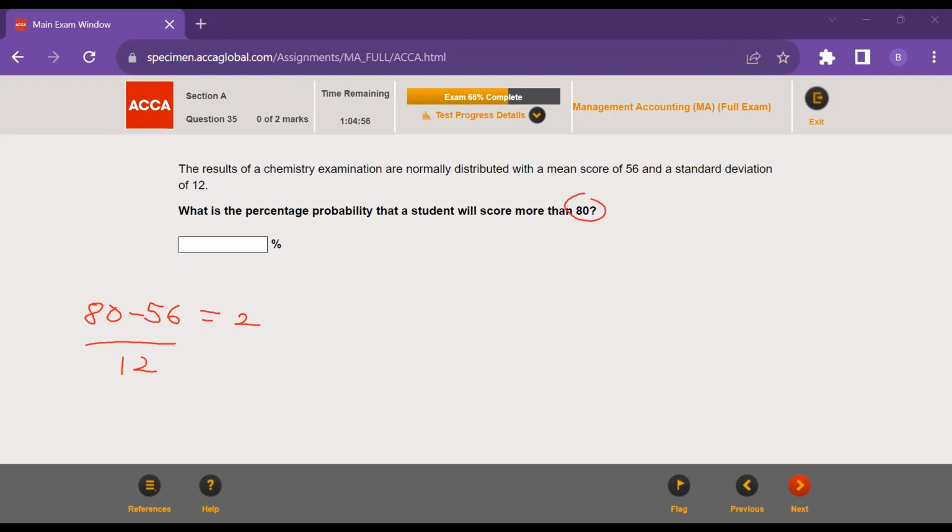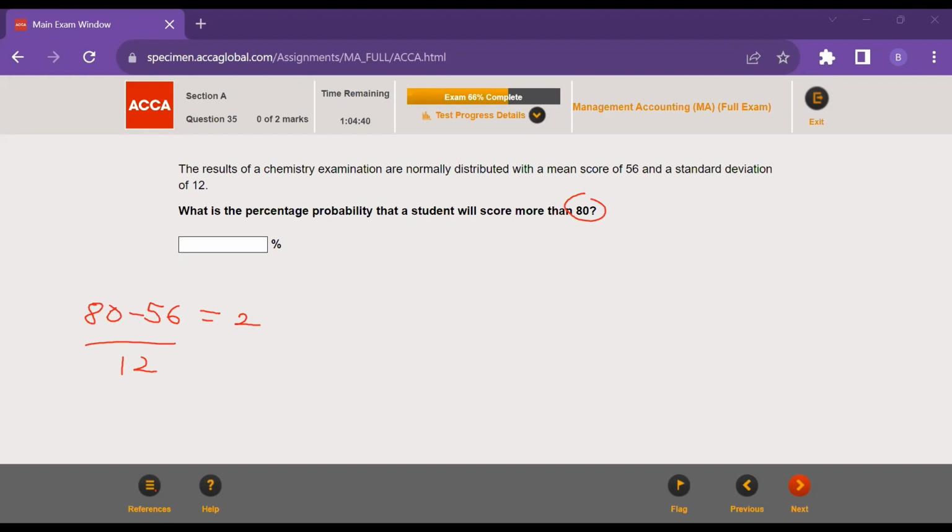So I can just write this over here. I hope that the table was visible to you. It appeared as another pop-up. So from the normal distribution, I can see that for 2 it is 0.4772.